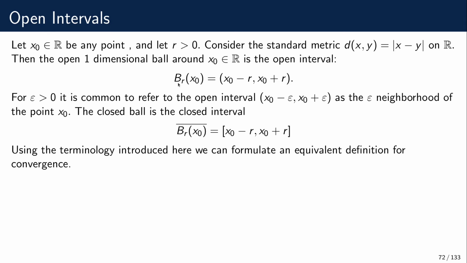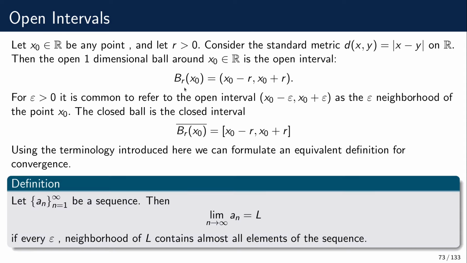So this is our open ball on the real line. And similarly, we have the closed ball, which is this closed interval of radius r. Okay, and sometimes it is convenient to call this the r neighborhood of x0, or in particular, where r is a positive epsilon, this positive number, then we call this the epsilon neighborhood.